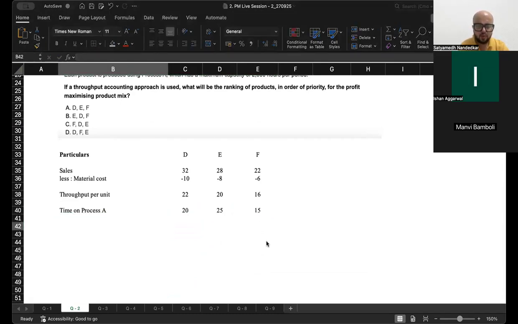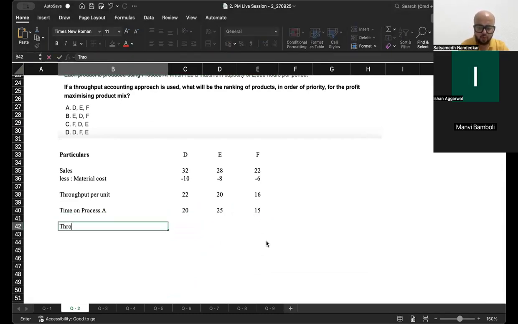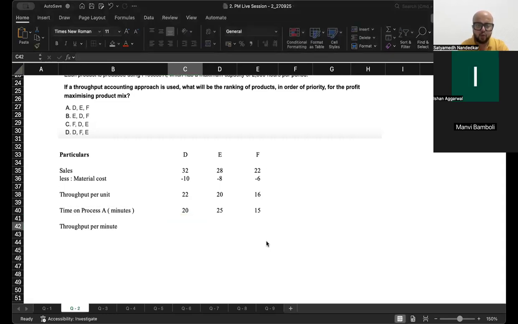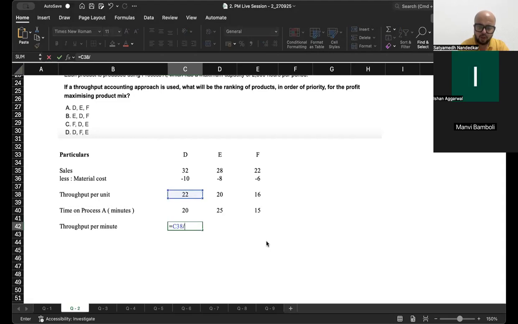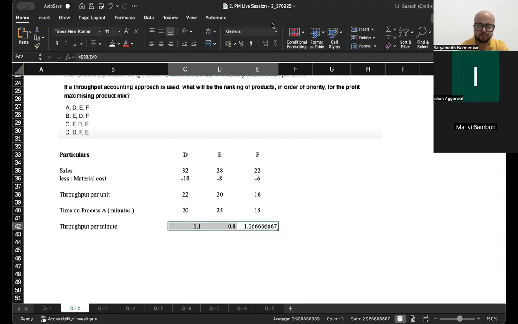So now what is throughput per minute? This is time on process A, in minutes, so I can get throughput per minute. How will I get that? Divide by the minutes, for example 22 divided by 0.8.